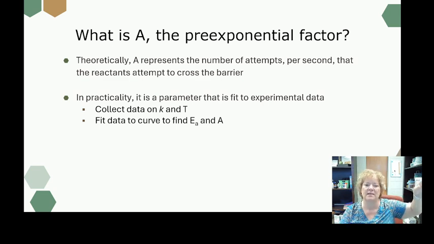In practicality, it's something we solve for by fitting the data and saying, which value of A works to match the data with this model. So we collect K and T, we fit the data to a curve to find the activation energy and to find this A, and it just becomes a number like a rate constant we just put in there. So don't worry too much about it, but you will see that referred to.